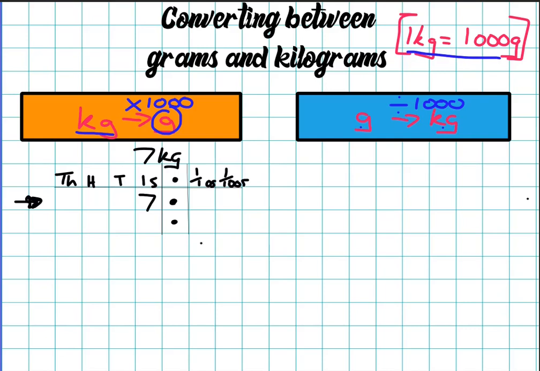When we multiplied by 10, we did one jump. So we would have moved the 7 down into the tens there to make that 70. Tens was one jump, hundreds was 2 jumps, so I would have moved the 7 into the hundreds column. I would have jumped to the tens, then jumped to the hundreds to be 700.